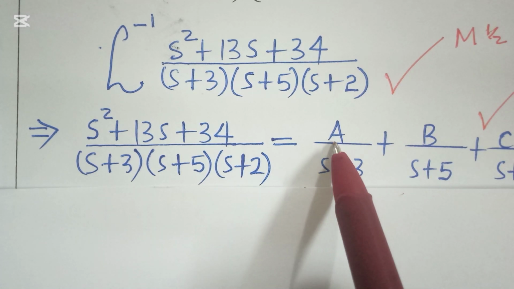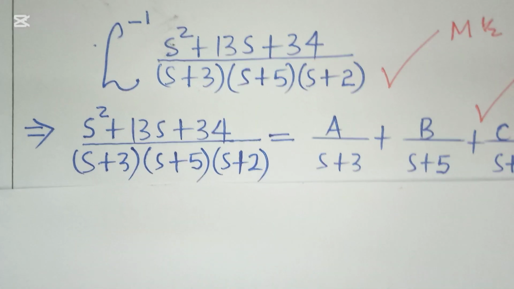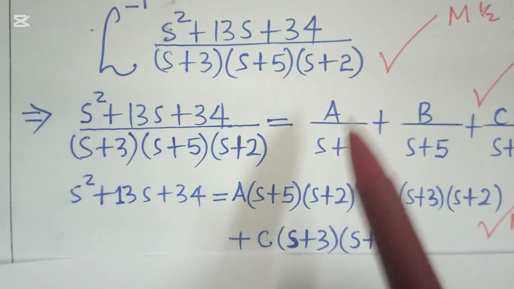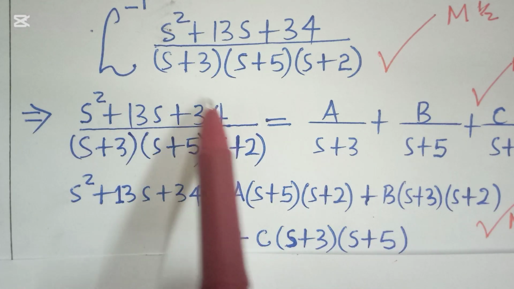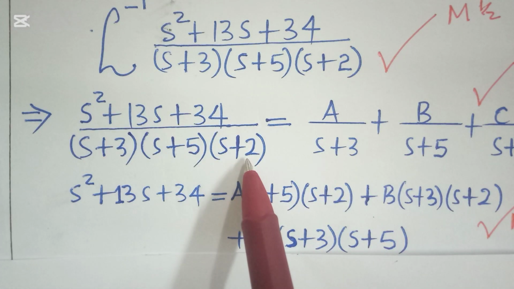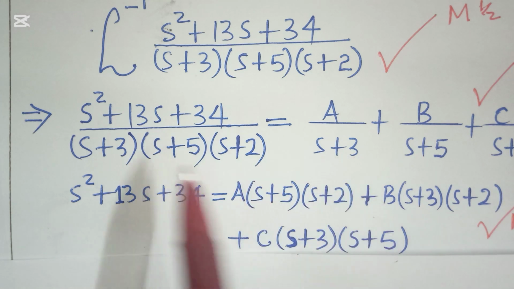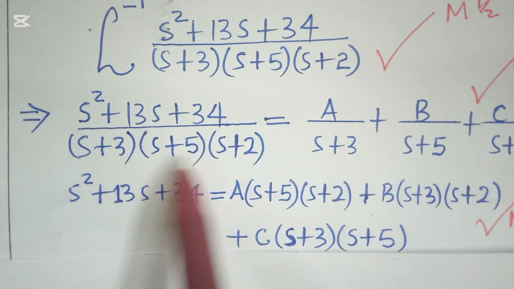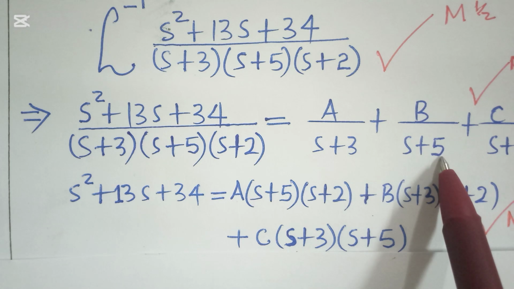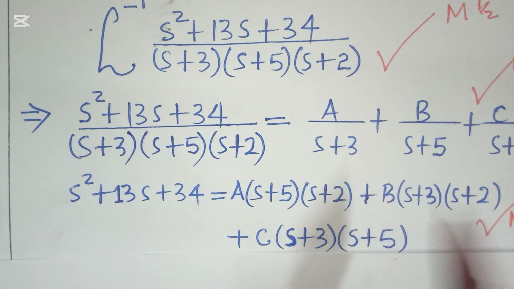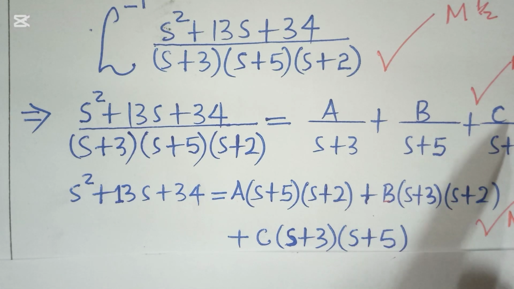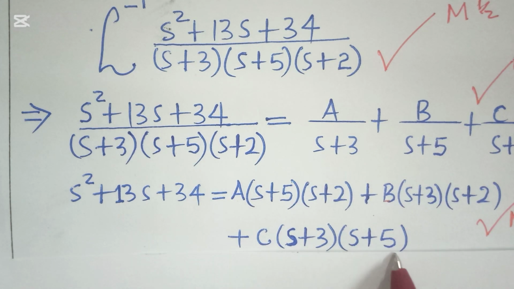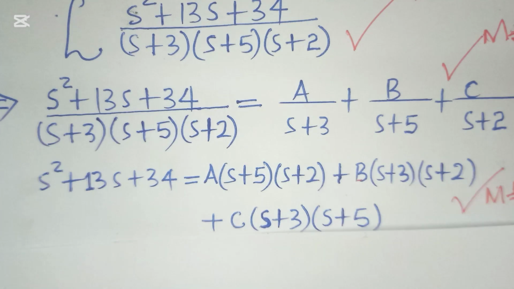So guys, we are going to look for A, B, and C. By so doing, we are going to evaluate, whereby the LCM divided by s plus 3 will give us s plus 5, s plus 2, and that's what I have multiplied by A. Then the LCM divided by s plus 5 will give us s plus 2, s plus 3, that's what I have multiplied by B, plus C multiplied by the LCM divided by s plus 2, which will give us s plus 3, s plus 5.